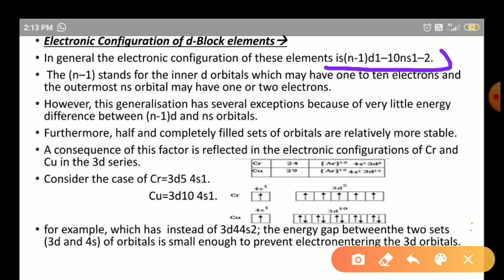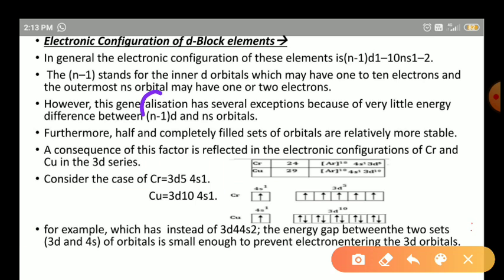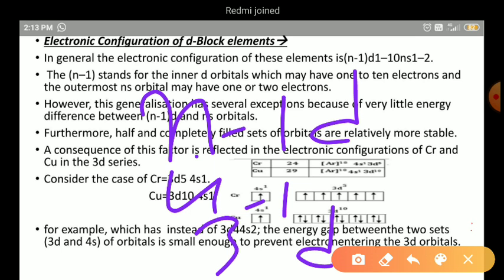Here the n stands for either the fourth, fifth or sixth period. So n equal to 4 means the n minus 1 is the 3d orbitals.